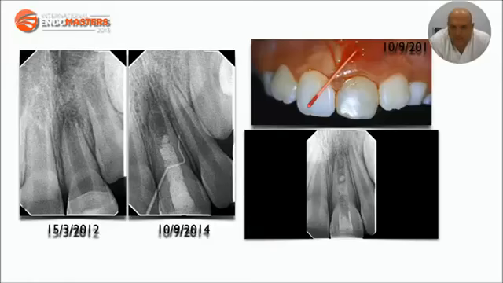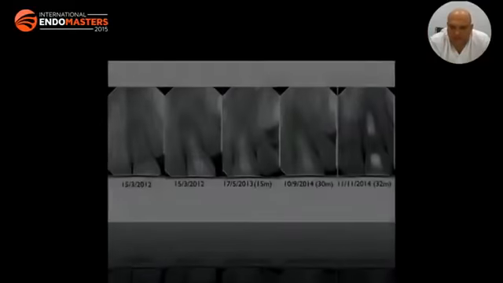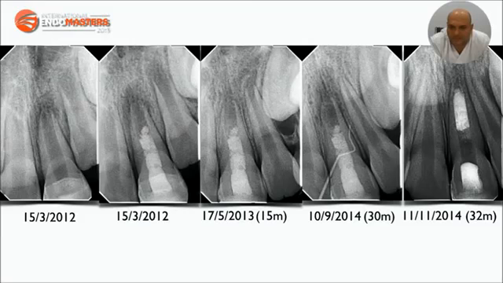I keep equal parts of ciprofloxacin and metronidazole in the fridge mixed together in a powder consistency, and just before clinical use I mix them with sterile water and use them as interim dressing. That's what I used here, and at the end this case got an MTA plaque after disinfection.